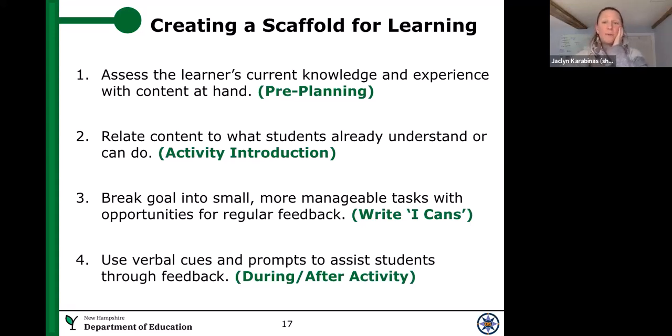And some I cans will apply to all of the students, and some kids might get some of their own personal ones. Depends on what the activity is. And then while you're doing the activity and after, this is where your scaffolding is during, but also there's feedback, and that feedback cycle, making it clear and making it relevant to what they're working on, is really going to help them grow.